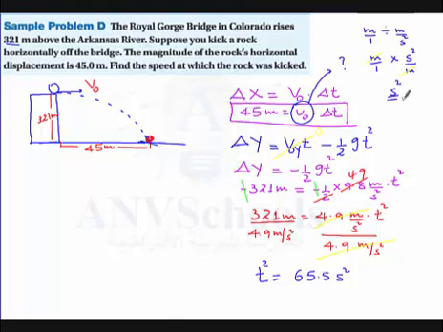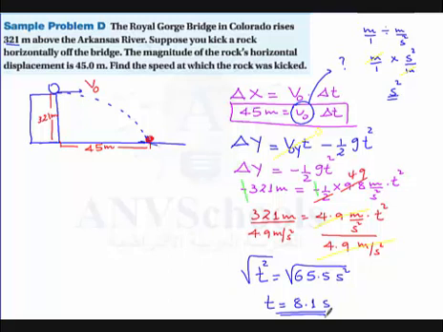Taking the square root of both sides, t is given by the square root of 65.5, that is, t is 8.1 seconds. So the rock will fall into the river 8.1 seconds after.